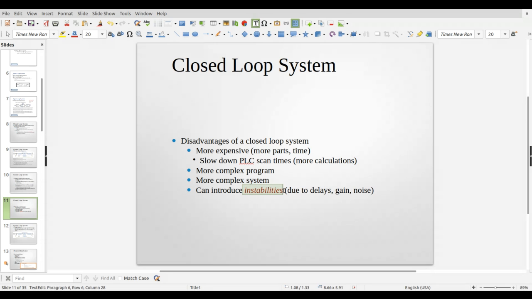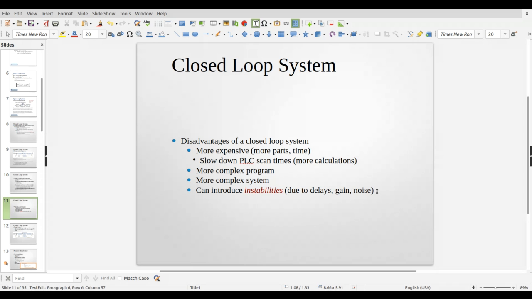Okay, so the instabilities can come from many different sources. The number one source of instability is the delay. Now remember, with a PLC, you have a scan time. The scan of a PLC first reads the inputs, then it runs through all of the ladder logic or program, whether it's function blocks, ladder logic, structured text, or some combination of all those.